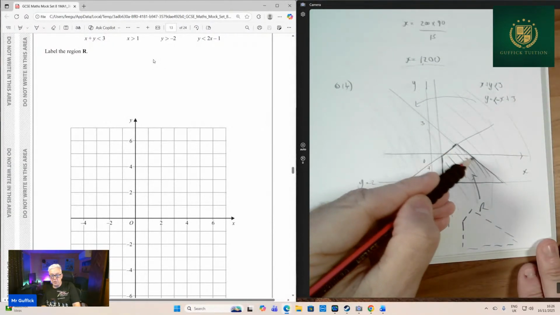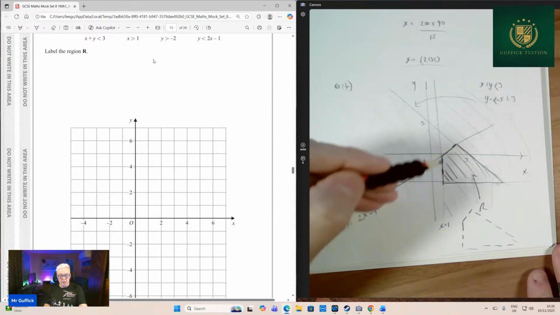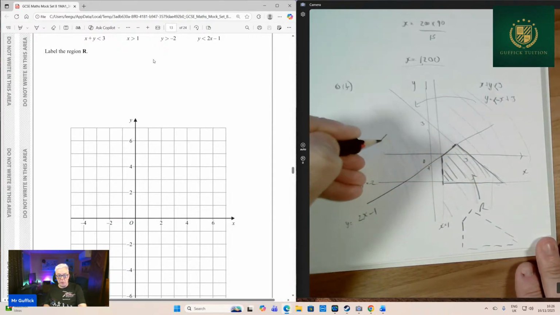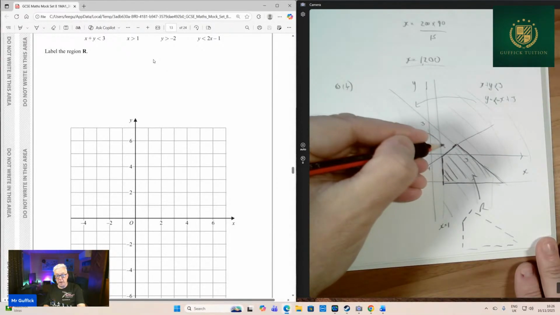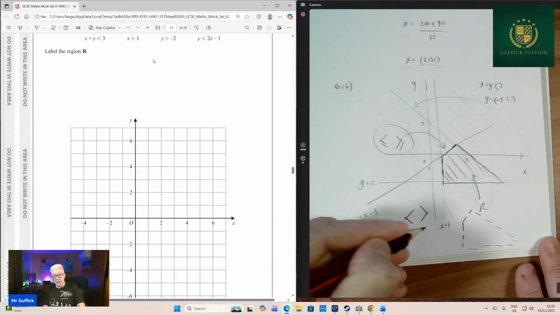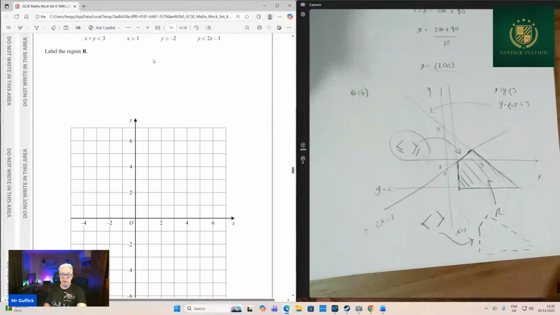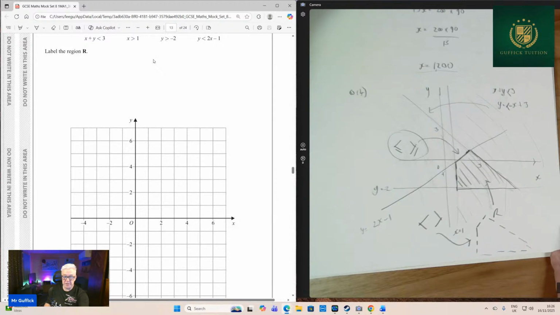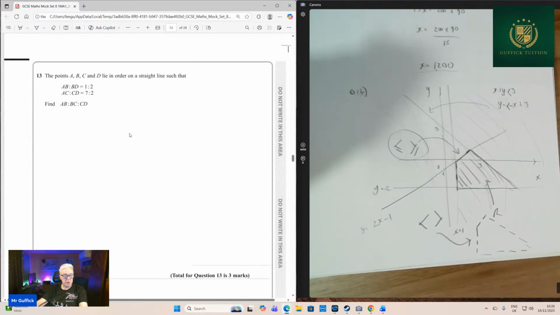This, what I've drawn here with the solid line, would have been if all the inequalities were like that. If they were all less than or equal to, it would have looked like that. But as they're strict inequalities, less than and greater than, we need to draw dotted lines to show that we're not actually allowed to include the values that lie on the lines themselves. Okay, so that's that inequality graphing question done.